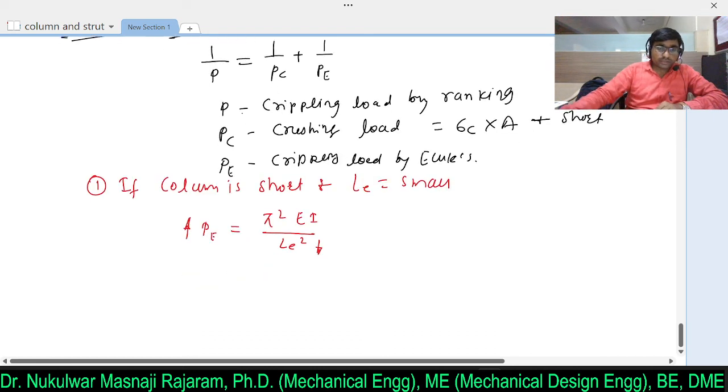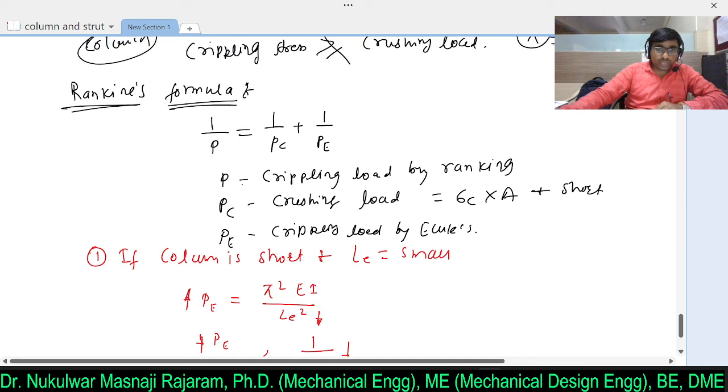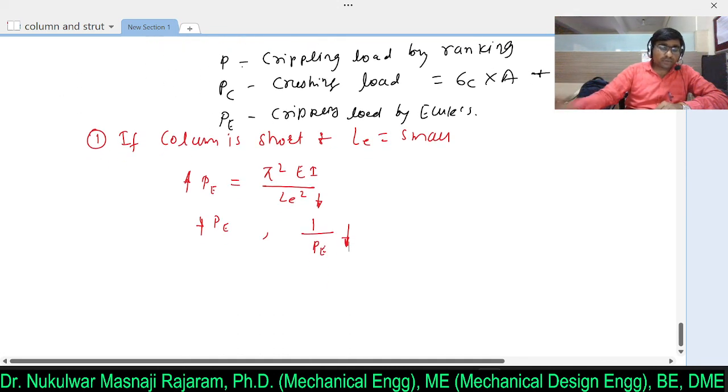Clear? So it is inversely proportional: when the length is less, this will be very high, and if this is very high, then the factor which we use in the Rankine formula will be very less. Clear? So this 1 upon PE will be very less. So at that time what we will consider?